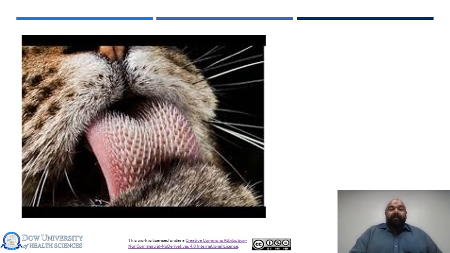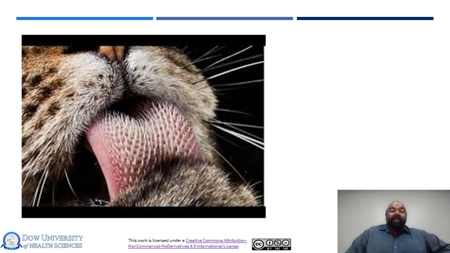The reason why filiform papillae are elongated in a tiger's tongue is that the tiger not only strips the skin of its prey, but it also absorbs the blood of its prey through these filiform papillae. So filiform papillae have a dual function in tigers.